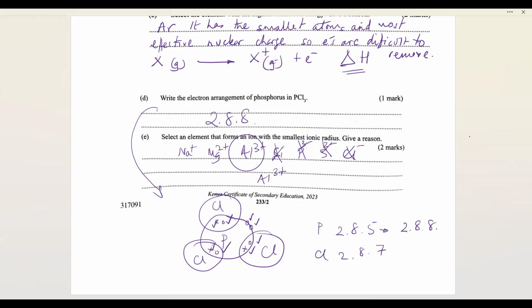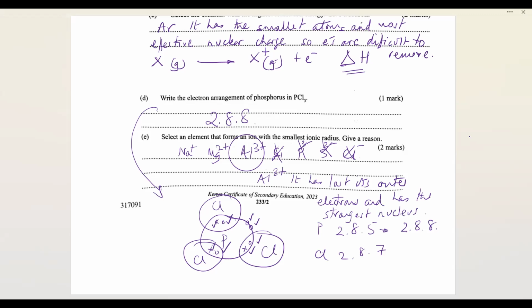And the reason is it has lost its outer electrons and has the strongest effective nuclear charge out of those which have lost electrons.